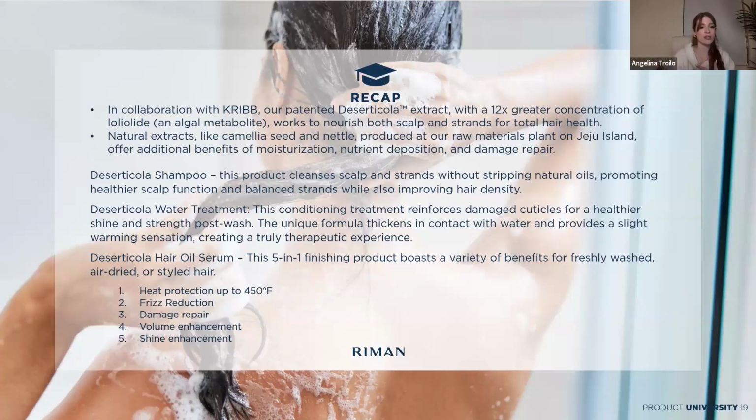And lastly, that hair oil serum comes in for whatever and whenever you need it. Heat protection, shine increase, frizz reduction, volume maintenance, and even cuticle enhancement with really sealing those damaged cuticles. And so that is really the summation of the various different Deserticola products and what we are looking at in regards to our approach to hair health.